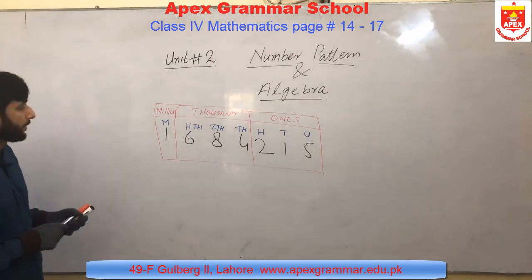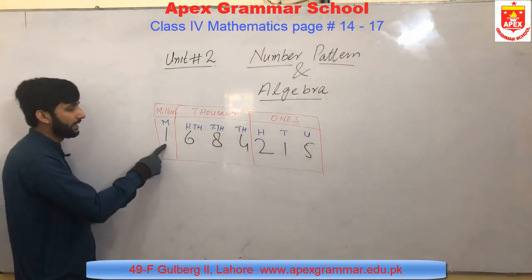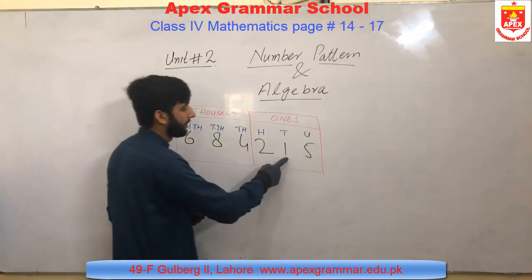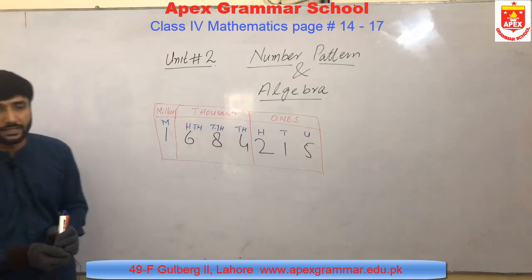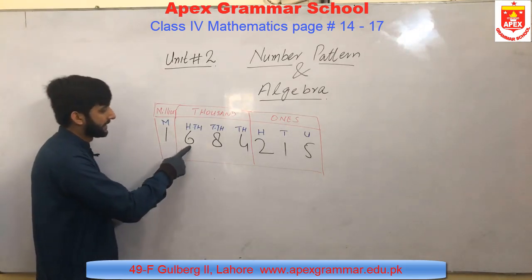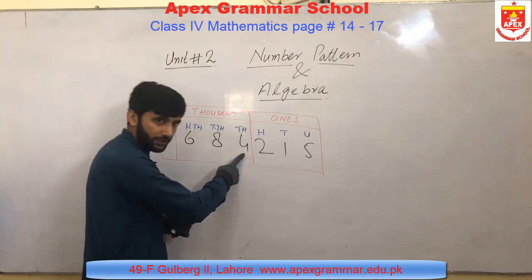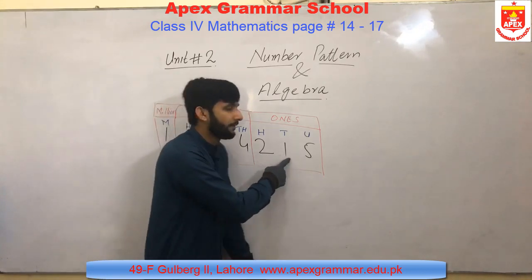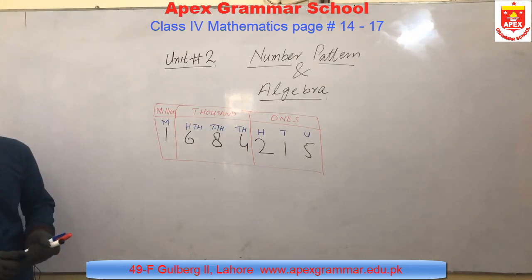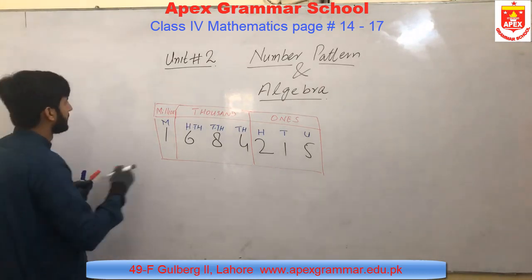So, if I want to read this number, this is 1,684,215. This is how to pronounce this large number. Once again, 1,684,215.